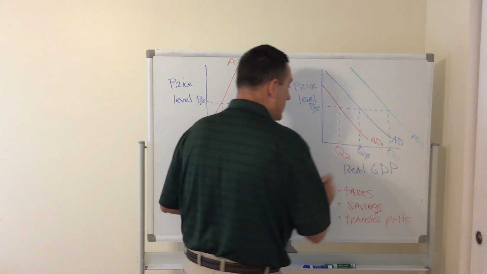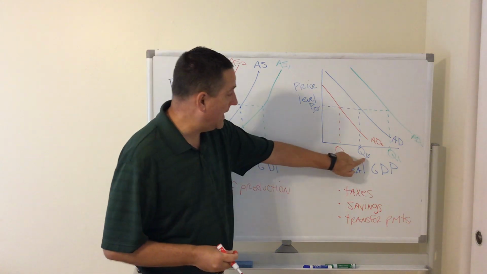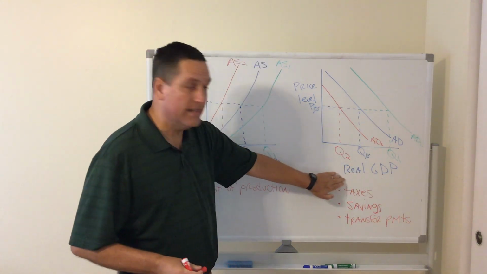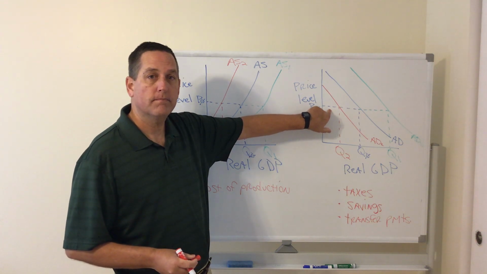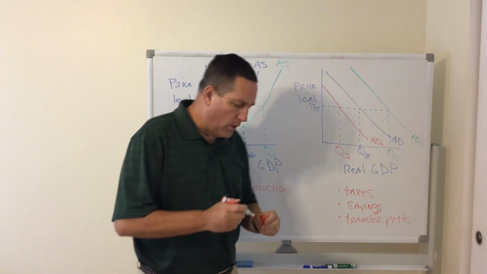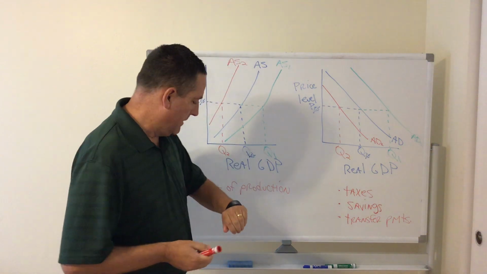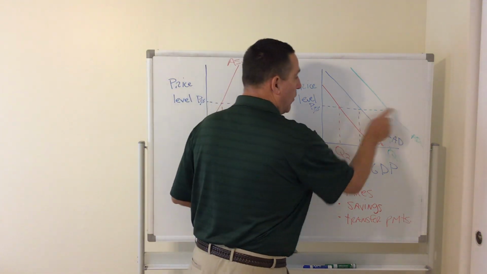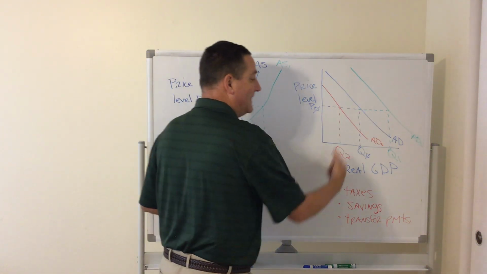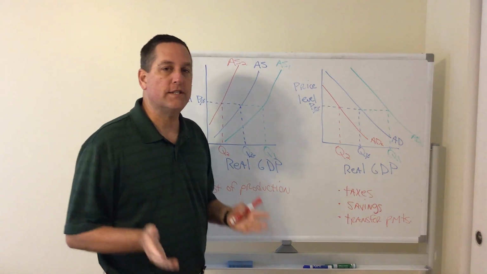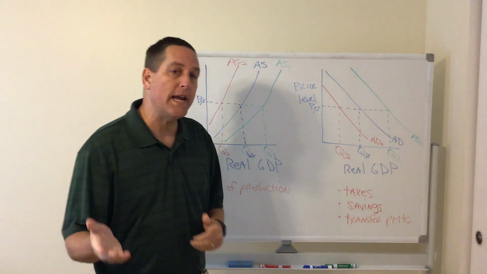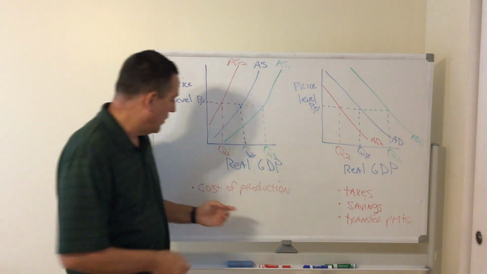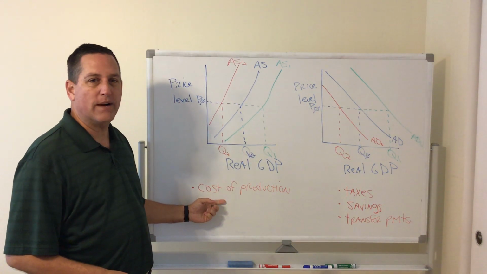That means consumers are demanding less of everything that's made in the United States, even though the prices are the same. And you think, well, what would cause people to demand more or to demand less, even though the price has stayed the same? There are three things that will cause a change in aggregate demand. Only really one thing will cause a change in aggregate supply.